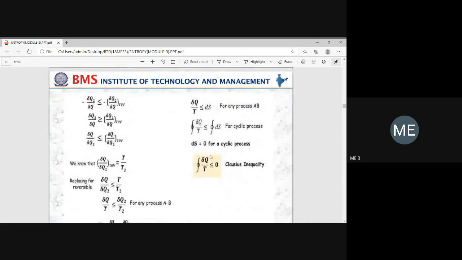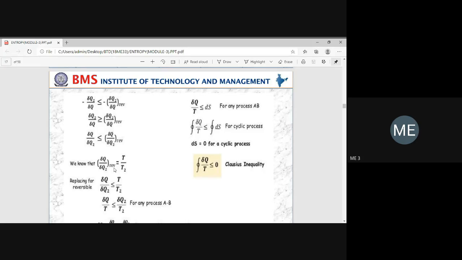For that purpose, we write the expression for dq divided by dq2 for a reversible cycle as T divided by T2. Remember, the heat transfer is directly proportional to the temperature, and dq2, the heat rejected, is directly proportional to the temperature T2.